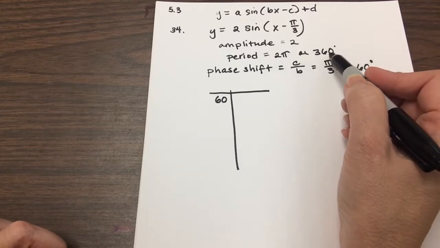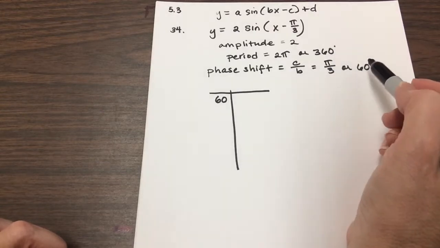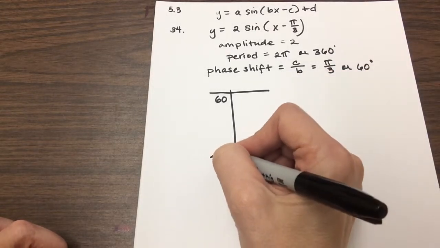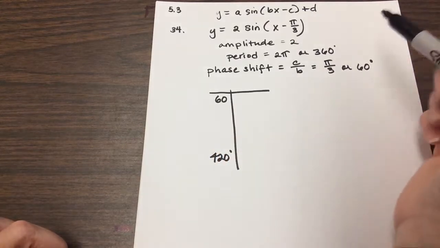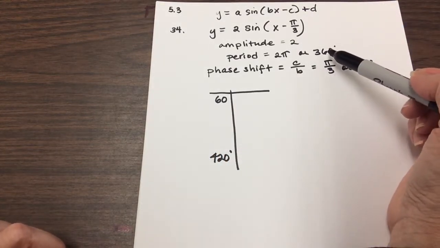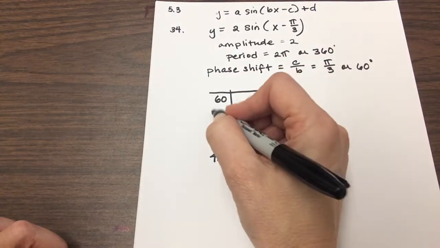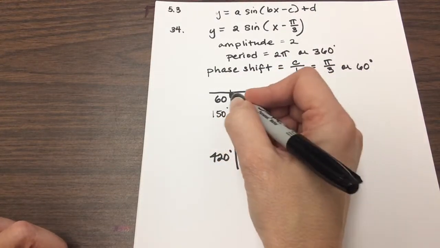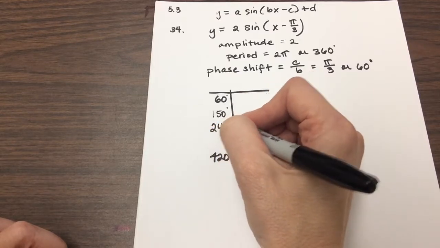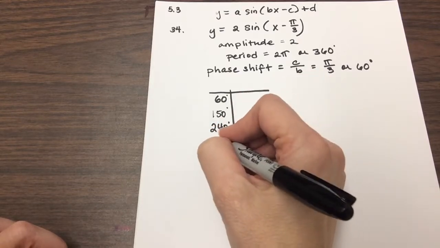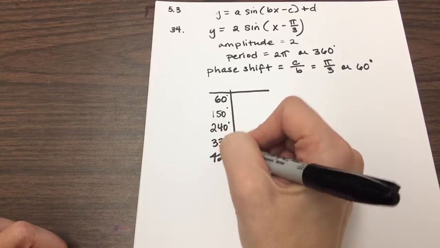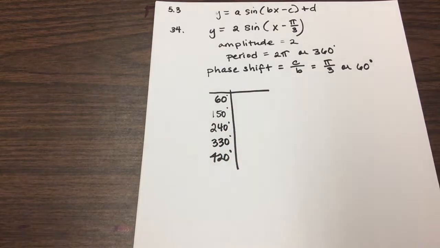Well, that's going to be 360 plus 60, or 420. Or if you wanted to go back to dividing that by 4 and add 90, I would add 90 to that, add 90 to that, add 90 to that, add 90 to that. Okay, so there are my 5 points.